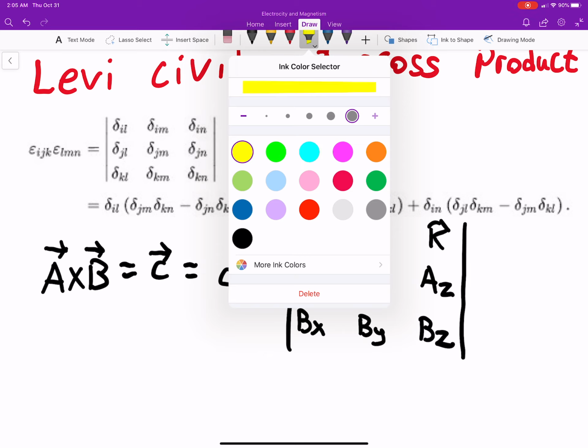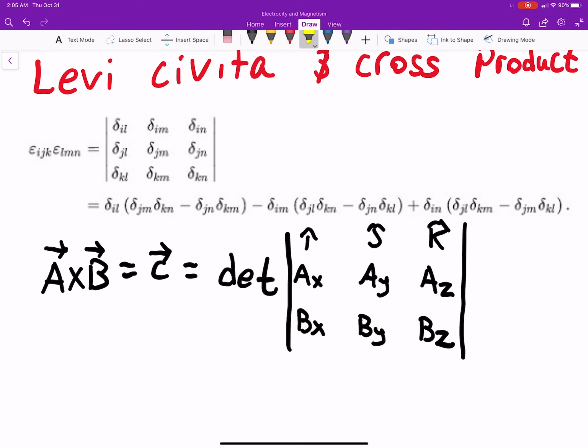Basically, I start over here and cover this whole side, then cover the J and K unit vectors, and what we're left with is AY, AZ, BY, BZ.